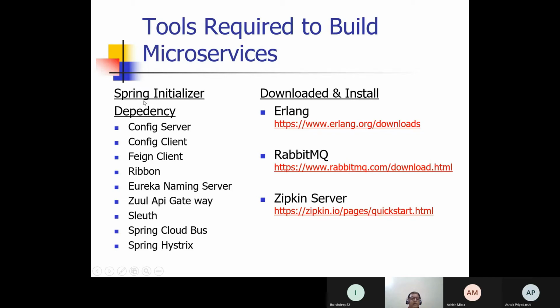Right now we don't need them. Whenever we require Erlang, RabbitMQ, or the Zipkin server, maybe tomorrow or the day after, we will know their purpose, and we will download and install them.